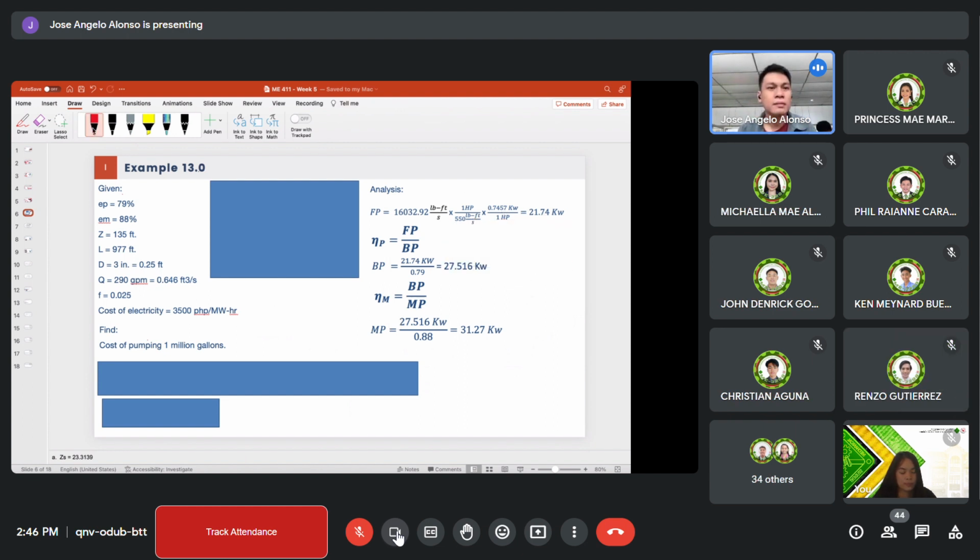Okay, class? There's an easy way pala to do this. We don't need to go through these two equations. Last week, we introduced what we call the overall pump efficiency or overall efficiency.